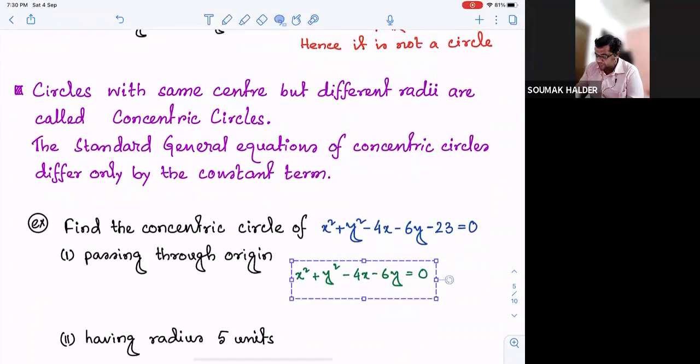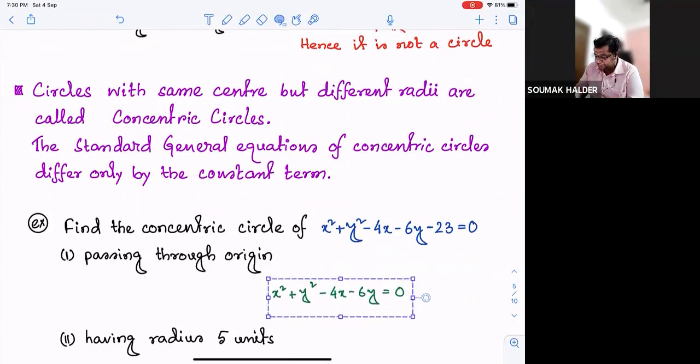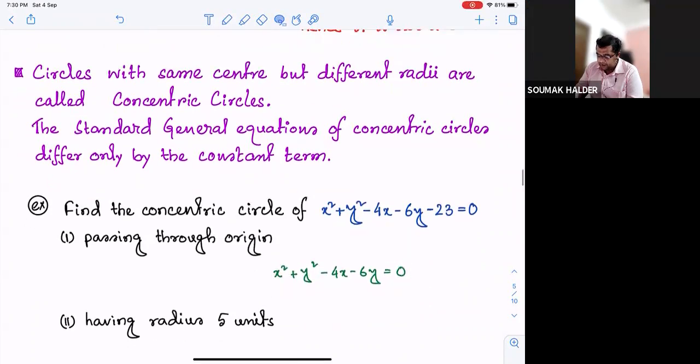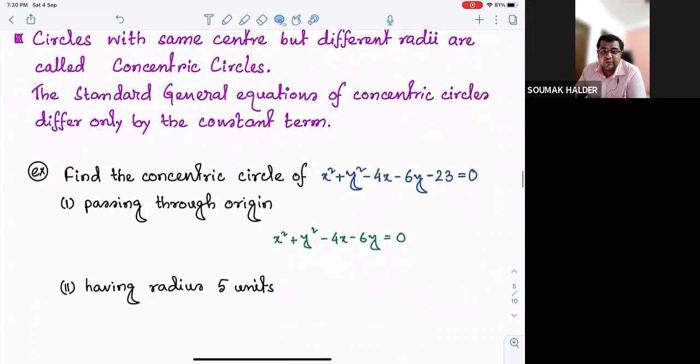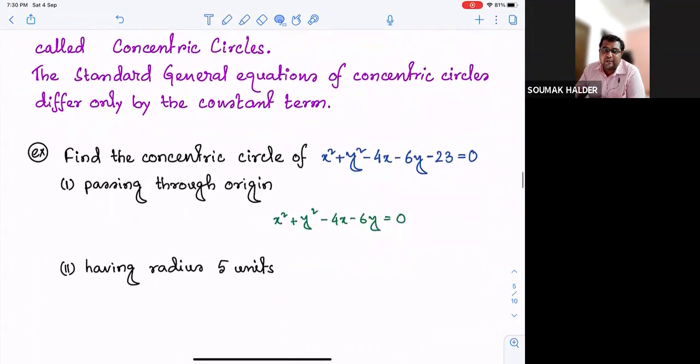Now, for the next question, we are searching for a concentric circle with radius 5 units. Now I am showing you how we can get it without any calculation needed to be written, how verbal calculation can work.